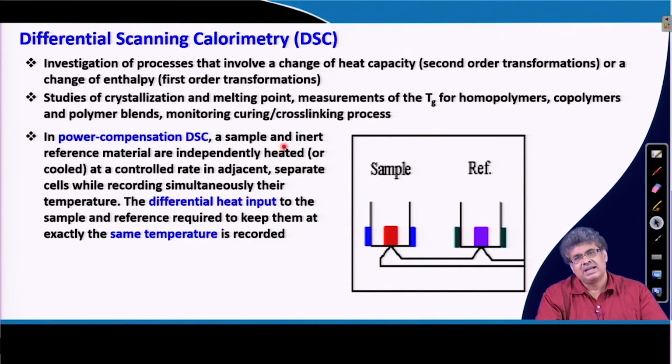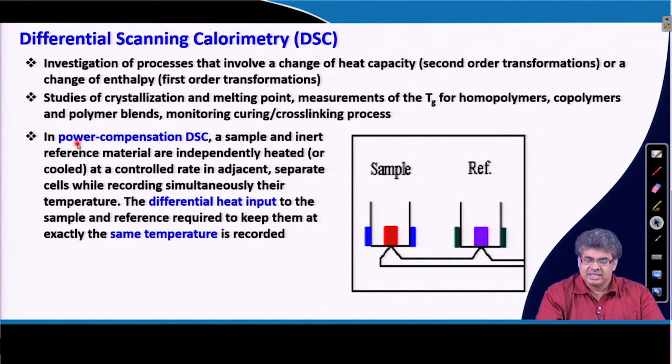DSC is of mainly two types. One is power compensation DSC. In this case, there is one sample and one inert reference material. Inert means it does not undergo any phase change or transition in the temperature range where we do the experiment.